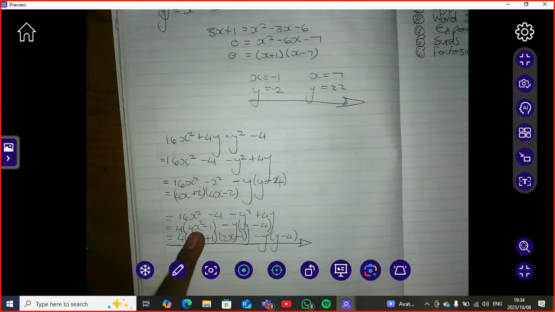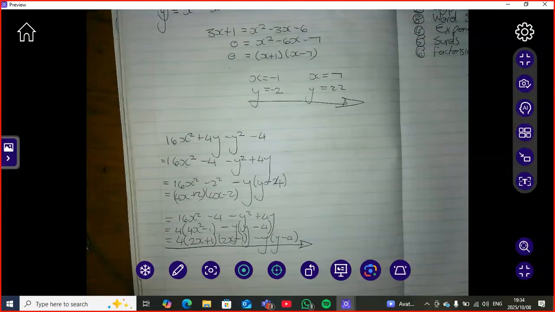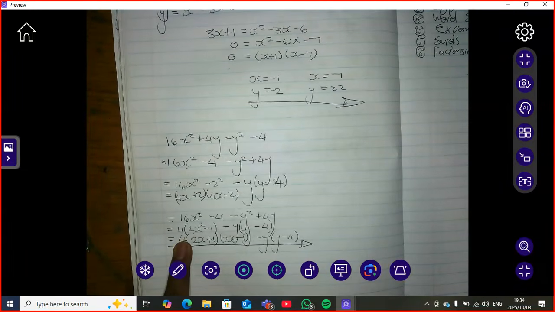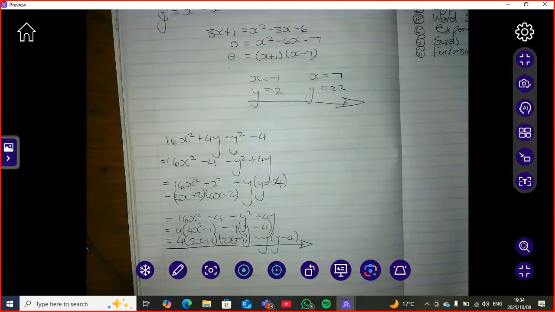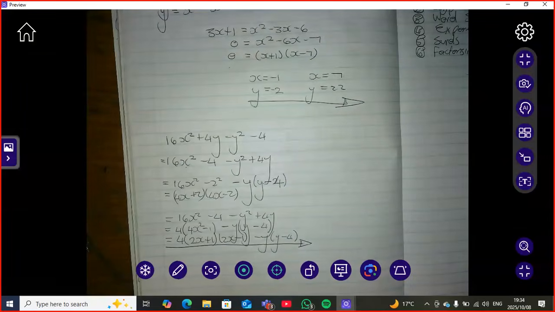No, this is definitely difference of two squares. No, it is. It definitely is. This here you can't. Because this four is what, this here.